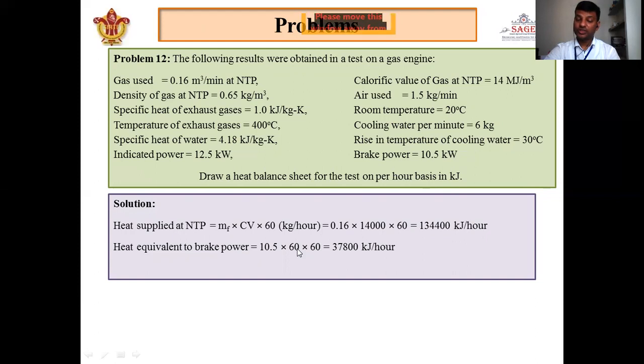That means first 60 for converting it to kilojoule per minute, and again multiplying by 60 to convert it to kilojoule per hour. So 10.5 into 60 into 60 gives 37800 kilojoule per hour of brake power it is generating. Okay, so heat equivalent to brake power, first part is over.